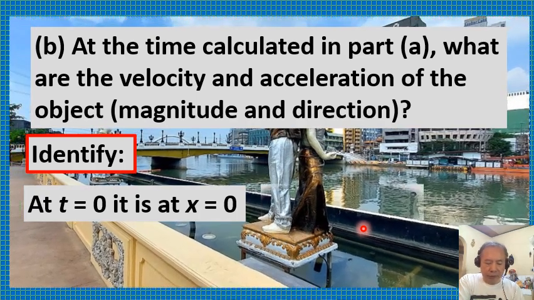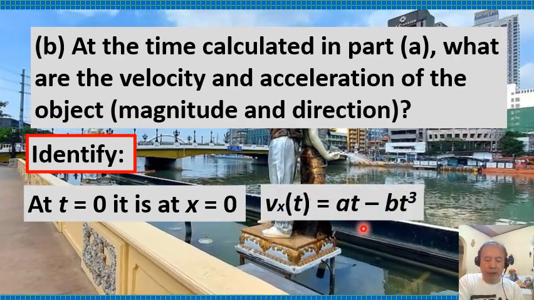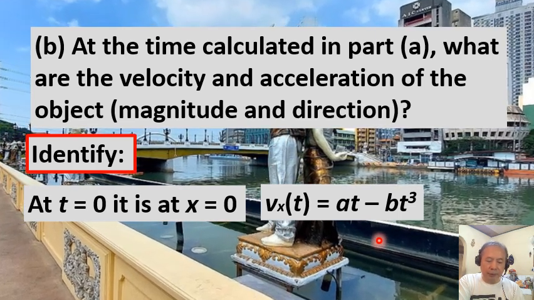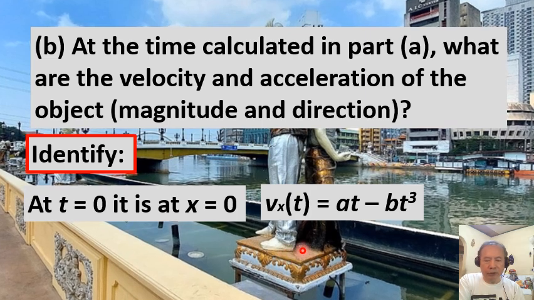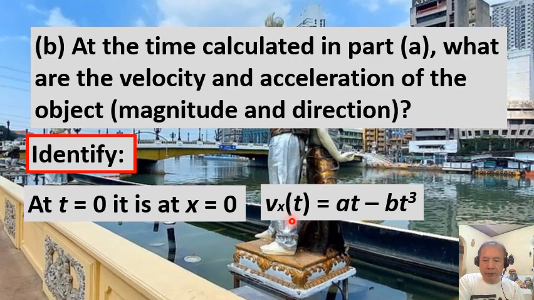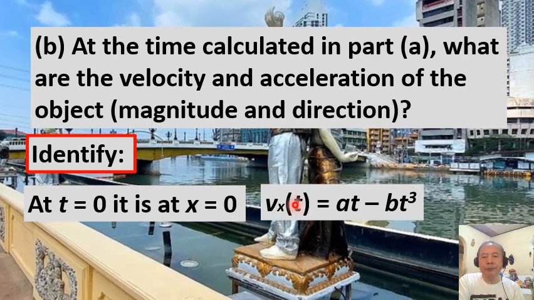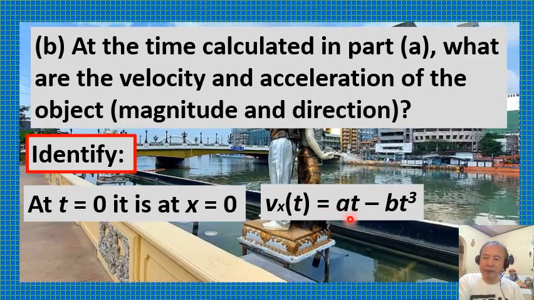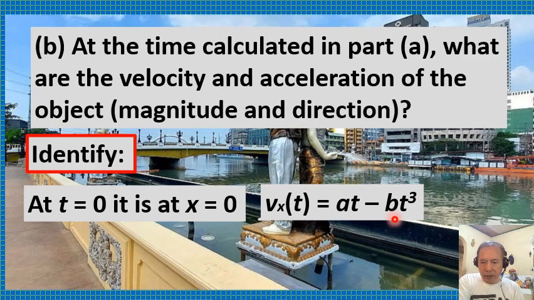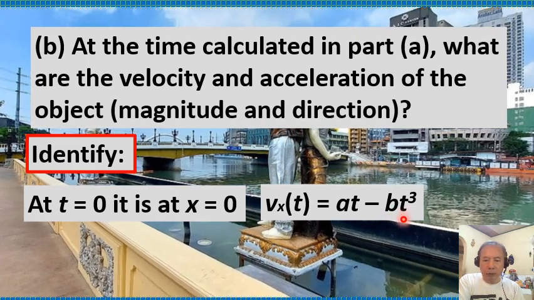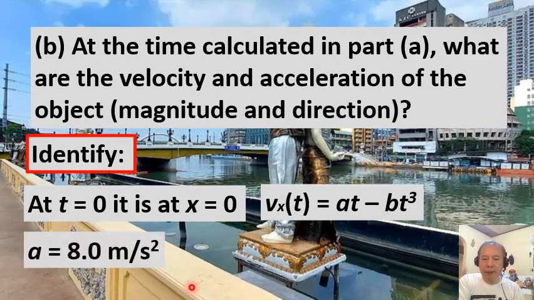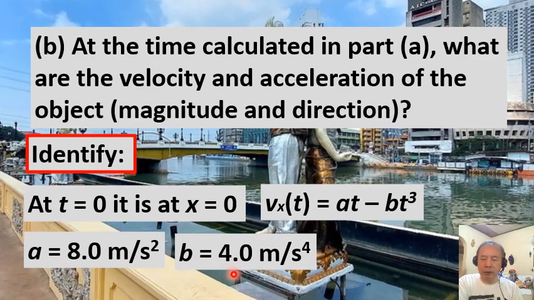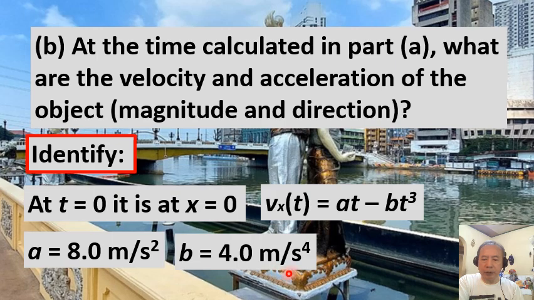Its x component of the velocity, denoted by Vx, as a function of time, is given by the velocity function Vx equals a times t minus b times t to the cube, where a equals 8.0 meters per second squared and b equals 4.0 meter per second to the fourth.